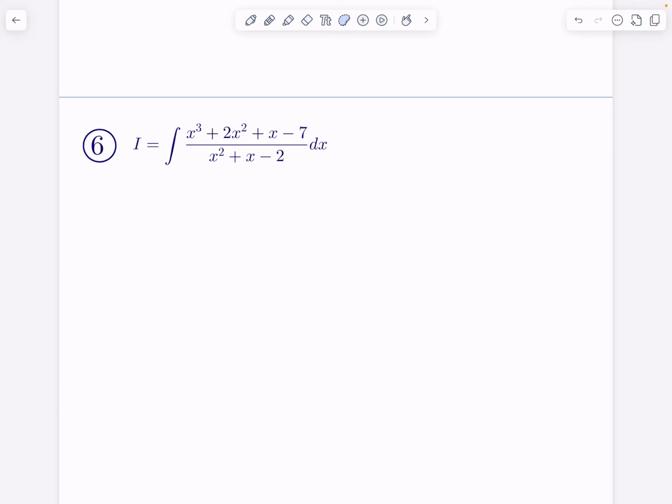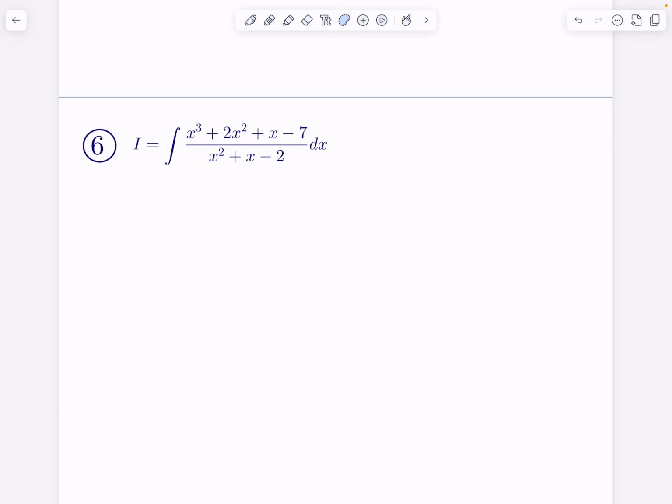All right, now we're solving question number 6, which is a little bit different than the previous ones. We've already stated that for integration with partial fractions, the degree of the numerator must be at least 1 degree smaller than the degree of the denominator.